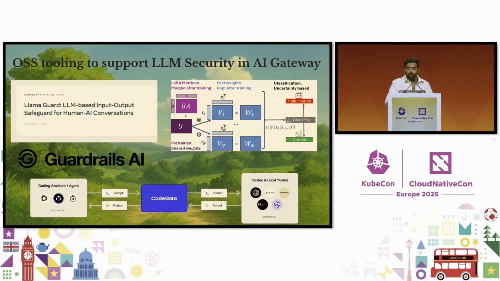Then there are some OSS frameworks for AI gateways, like Guardrails AI. This is really popular, and I guess everyone has heard about it in LLM security. It validates and restructures your LLM outputs using a Rails specification, and is used by a lot of companies. Vigil is another, which detects prompt injection via a REST API.